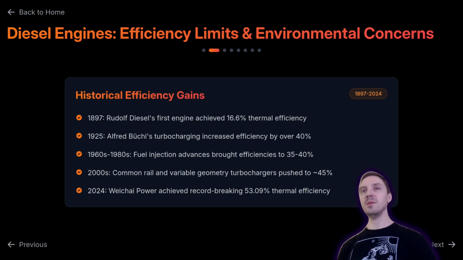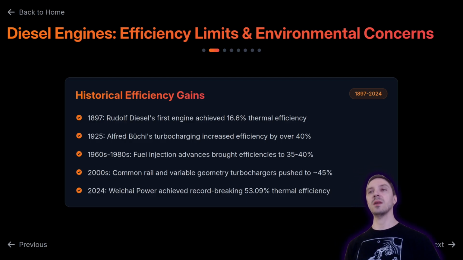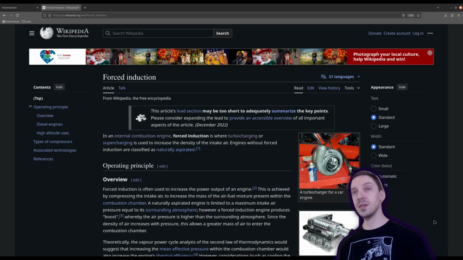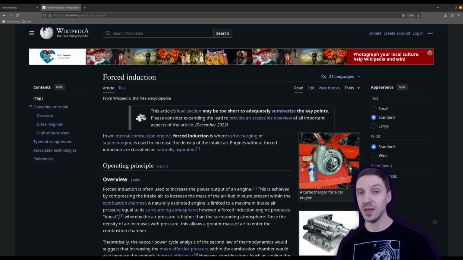As far as the limitations with efficiency go, we're starting to see an upper limit. Turbocharging increased efficiency considerably. A turbocharger is a forced induction device that is powered by the flow of exhaust gases. Forced induction is used to increase the density of the intake air.